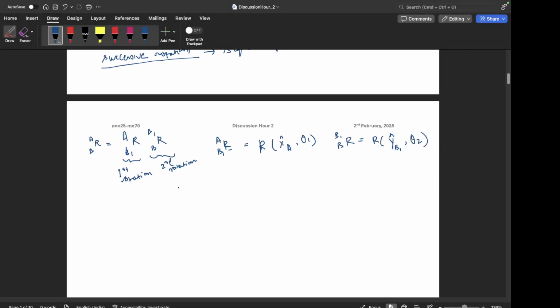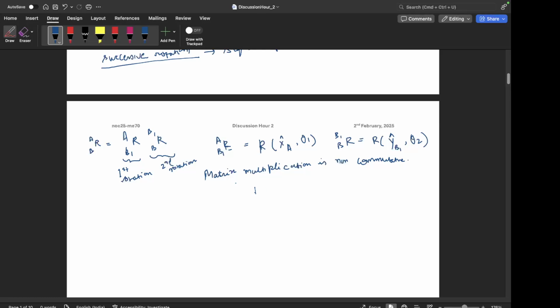And the most important point to note here is that the mathematical reason is also there and the physical reason is also there. So matrix multiplication is generally non-commutative, right?